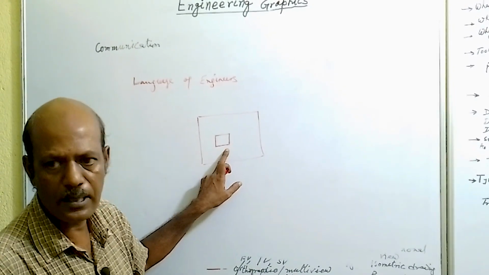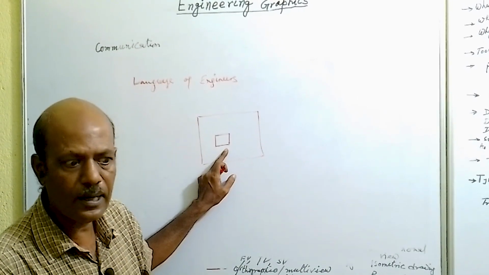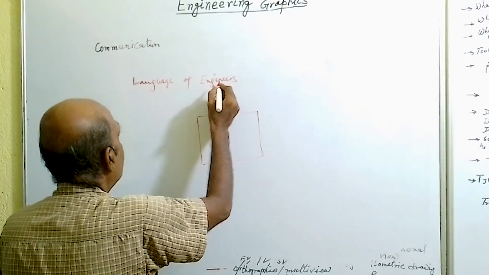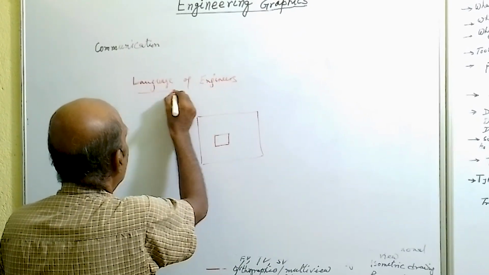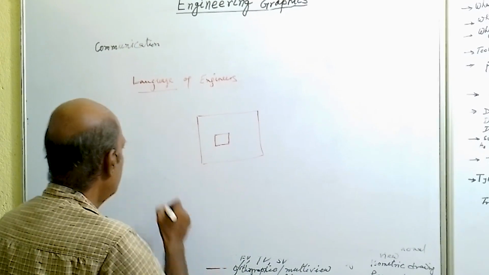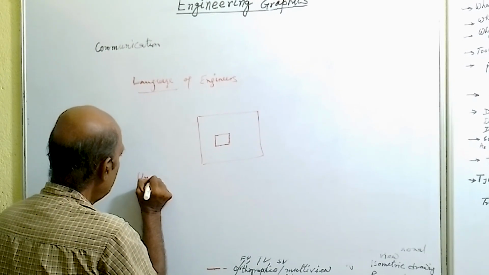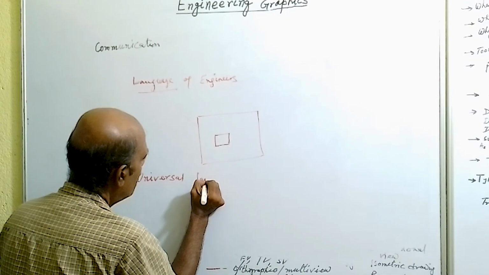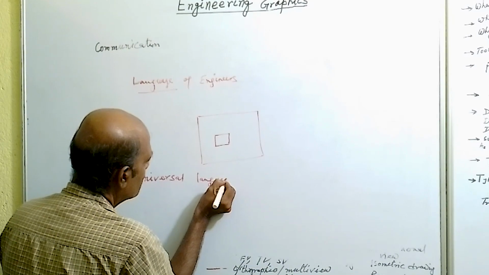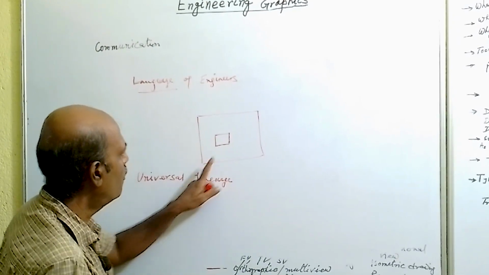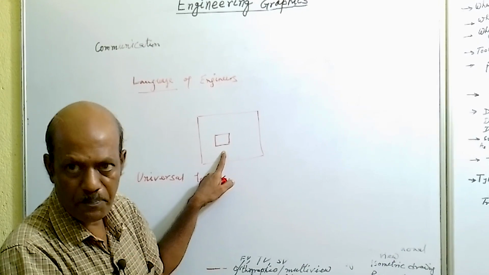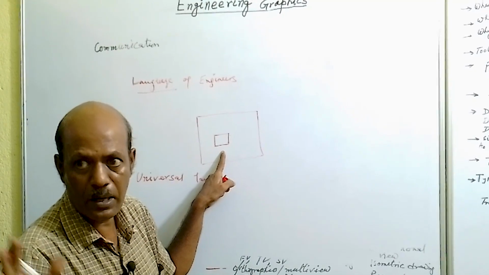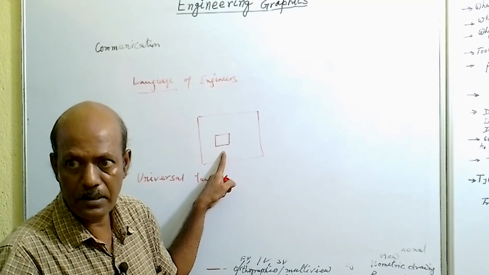So we can communicate this idea to others with the help of graphs or sketches. That's why engineering drawing is also called the language of engineers. And also it is a universal language, because whatever is drawn on the sheet of paper can be understood by any engineer of the world, irrespective of their language.